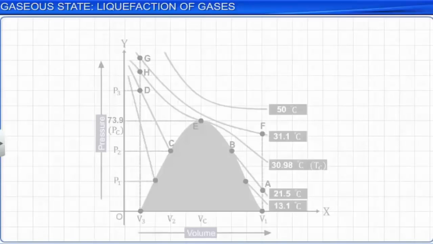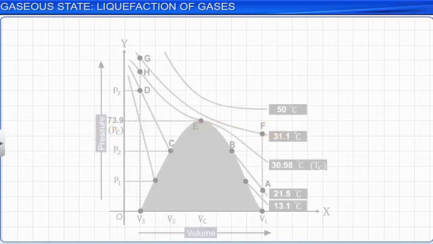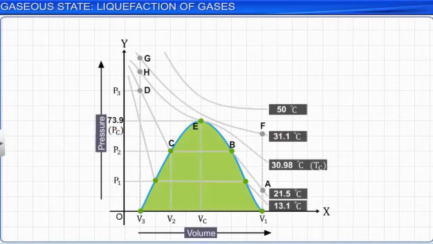Note that it is possible to change a gas into a liquid or a liquid into a gas, such that there is always a single state present, by altering the conditions of temperature and pressure. For example, in the graph, we can move from point A to point F vertically by increasing the temperature.